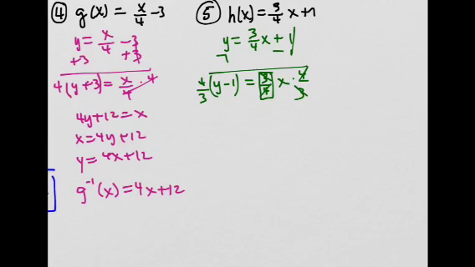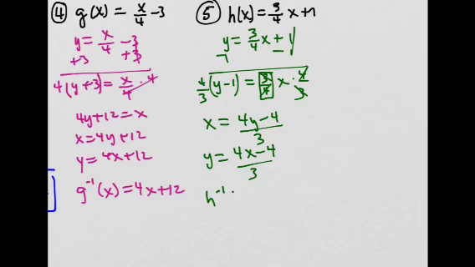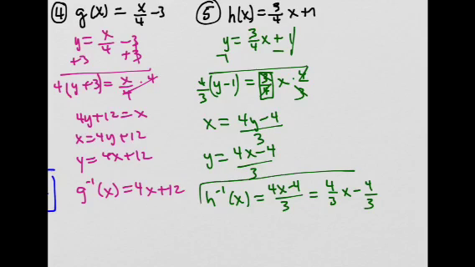And on the left side, you can distribute the 4. Let me put the x on the left side first. So then you have 4y minus 4 all over 3. Switch the x and the y. Change the notation to inverse function notation. So h inverse of x is 4x minus 4 over 3. Or you can separate it to 4/3 x minus 4/3. Either one is fine.